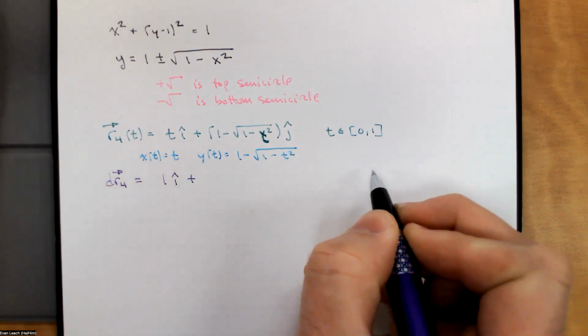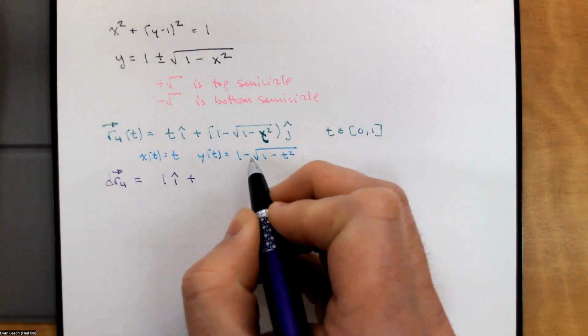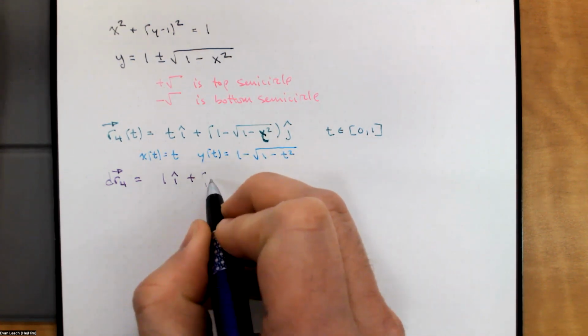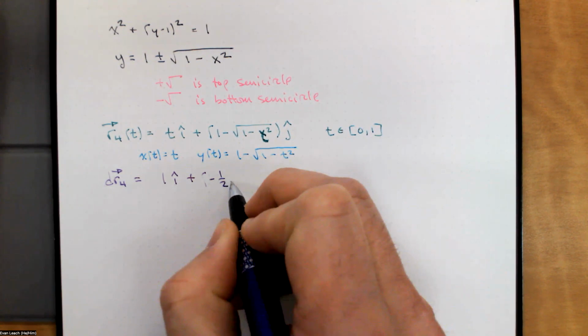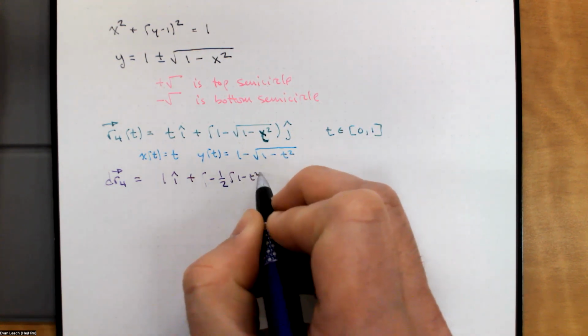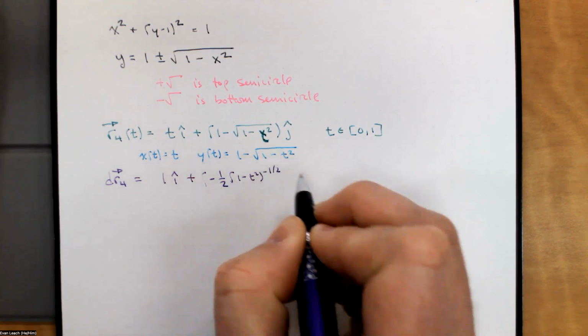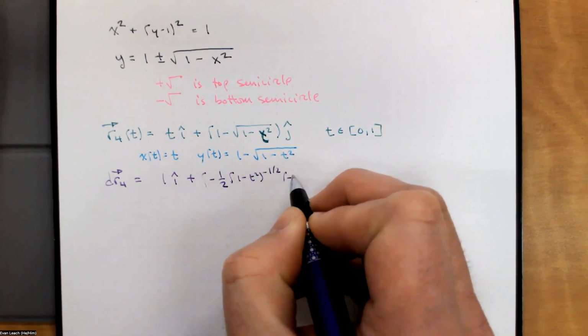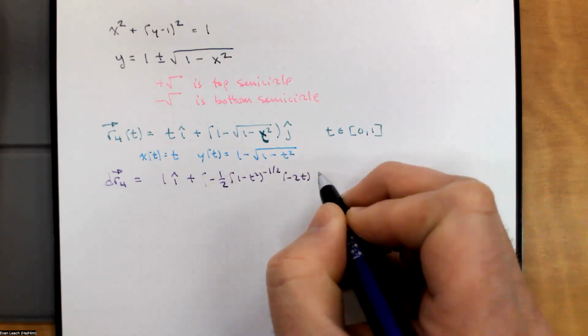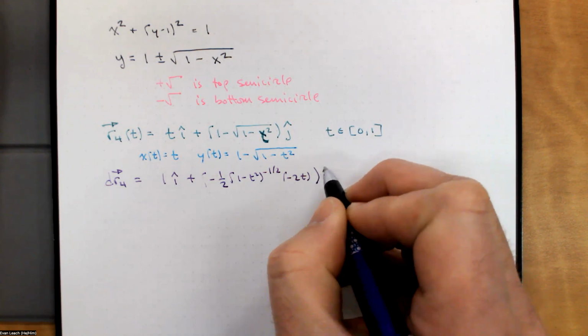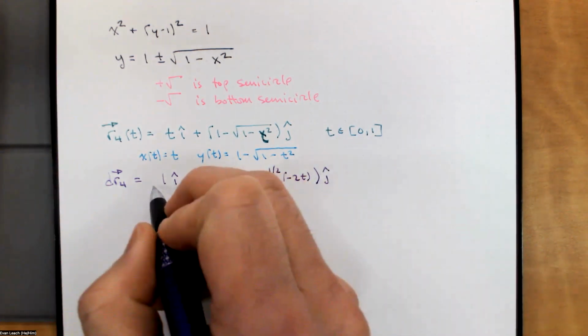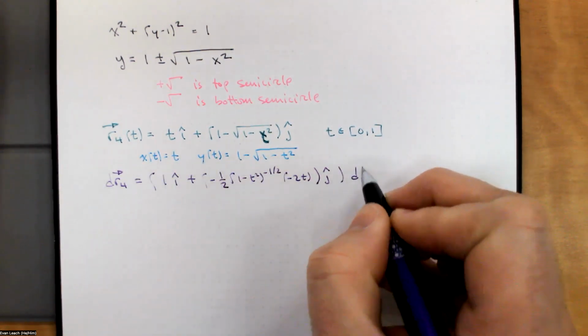But the derivative of the j component is going to be 0 minus a 1/2 times 1 minus t squared to the minus 1/2 times the derivative of the inside, which is a minus 2t. Oops, and this is all times dt.